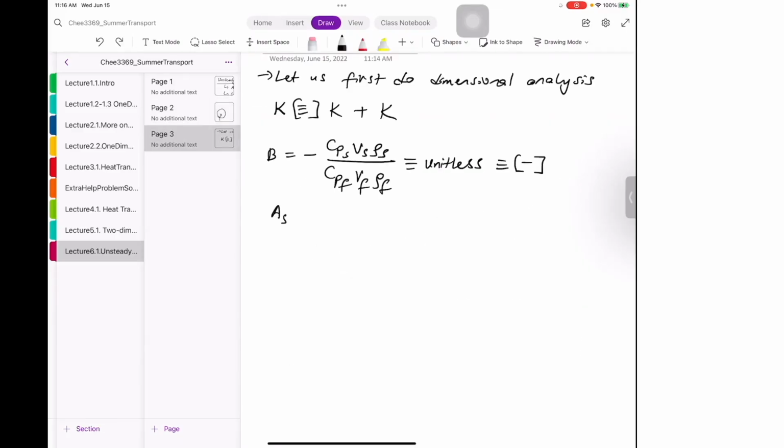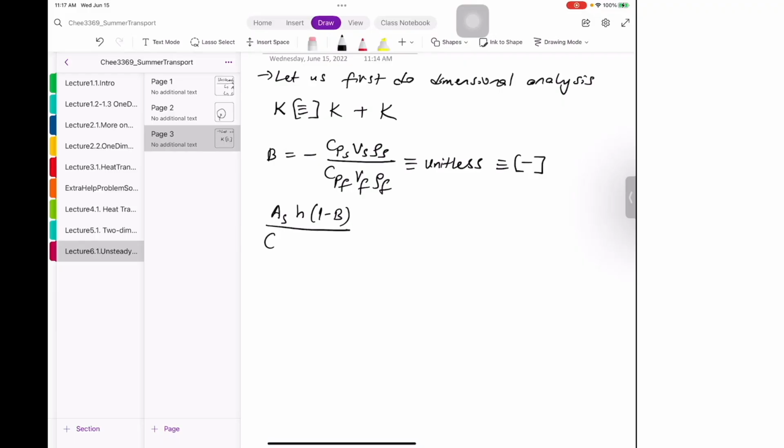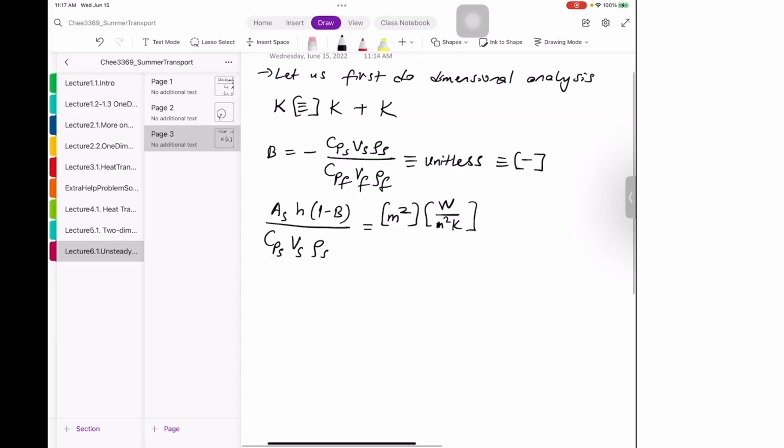As h (1 minus B) over Cps Vs rho s. As has the units of meters squared, right? h has the units of watt per meter squared Kelvin, right? 1 minus B is unitless, divided by the Cp, which has the units of joules per Kelvin times kilogram, correct?